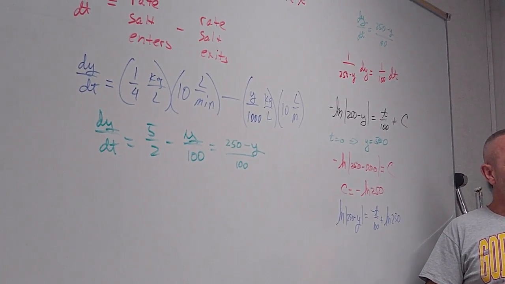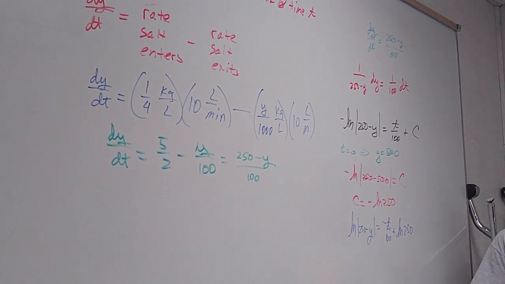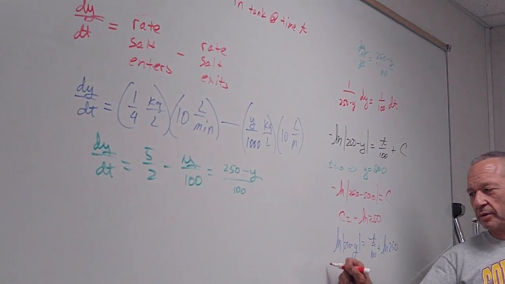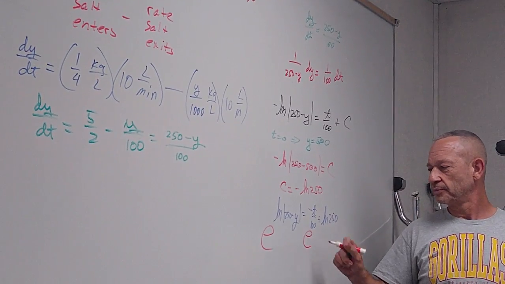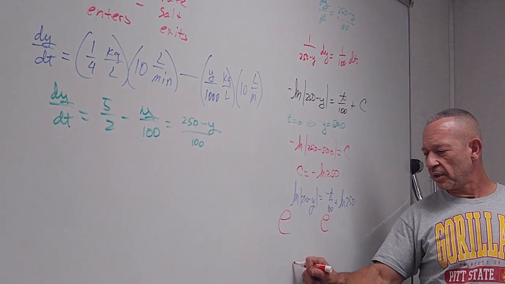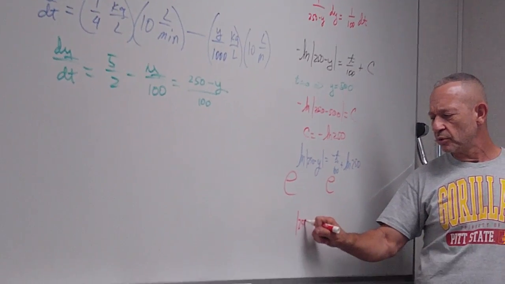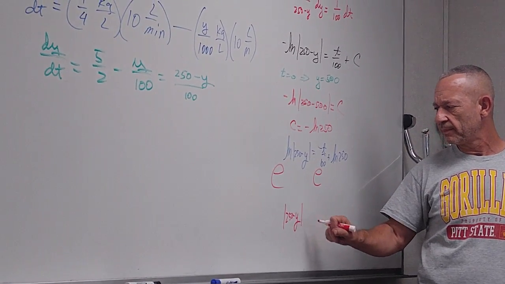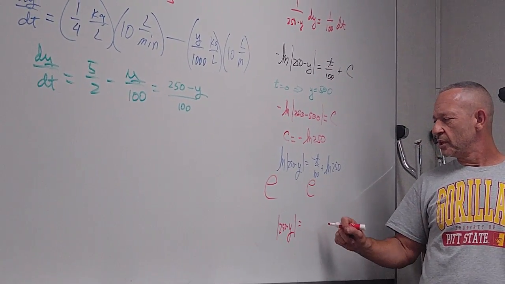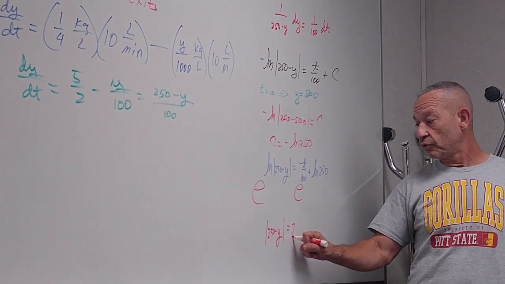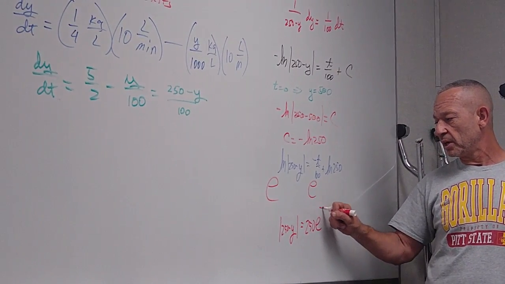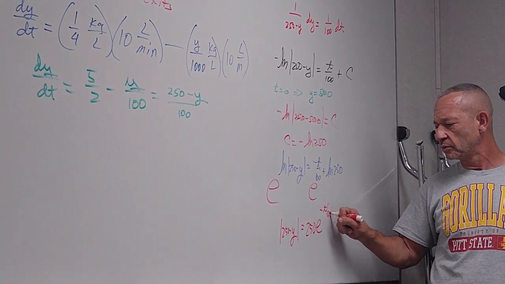How am I going to solve for y? To the power of e. So e to the ln cancels, and I get the absolute value of 250 minus y equals 250 e to the minus t over 100.